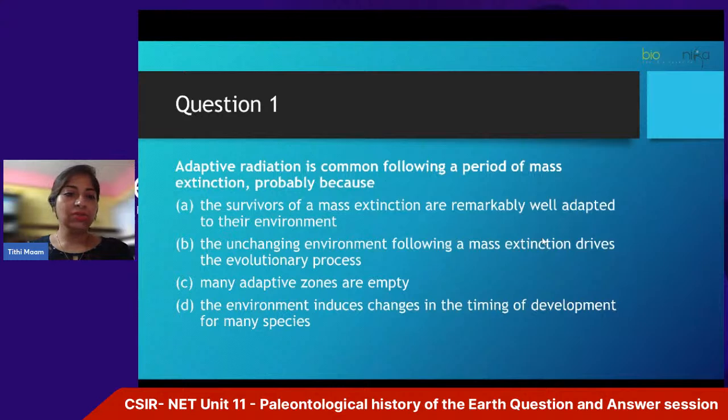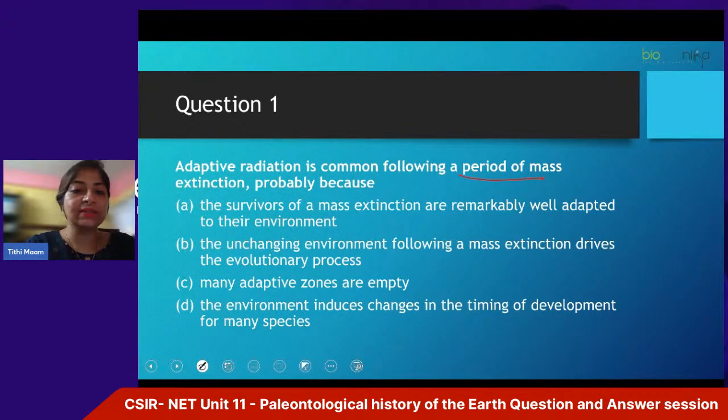Okay, so first question. Adaptive radiation is common following a period of mass extinction, probably because. What do you think will be the answer?